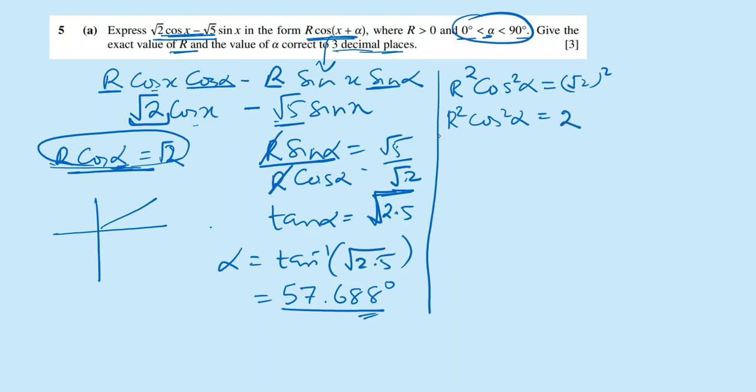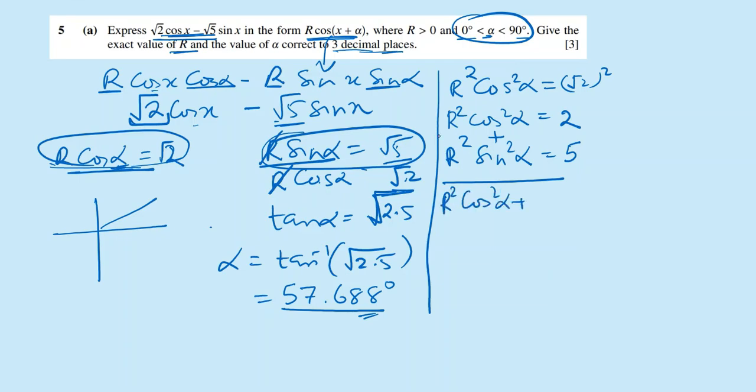Similarly, from the second equation, this one, we will get r square sine square alpha equal to complete 5, right? Now let's add both of them. What do we get? R square cos square alpha plus r square sine square alpha equal to 2 plus 5. So left added with left, right added with right.